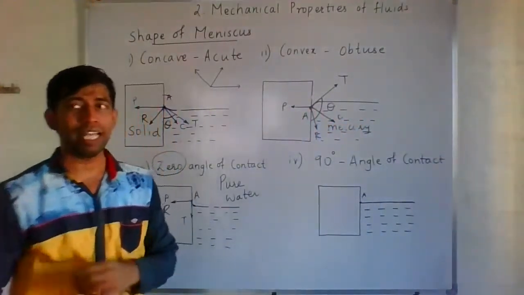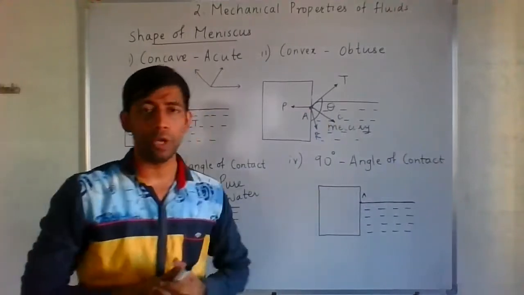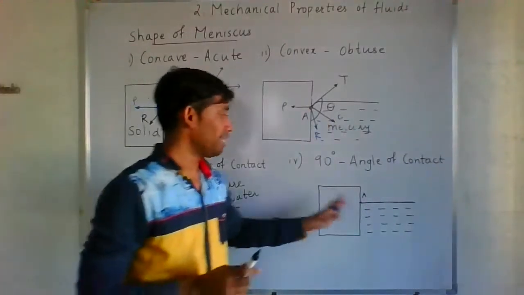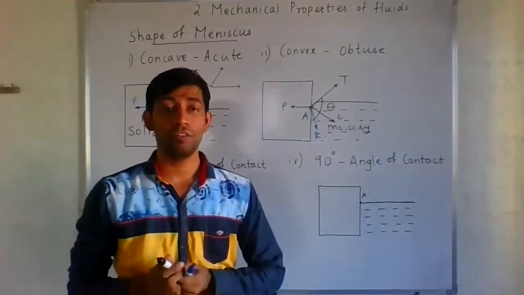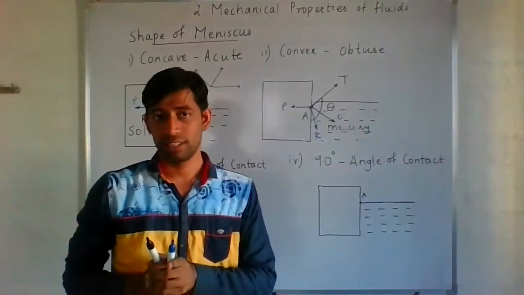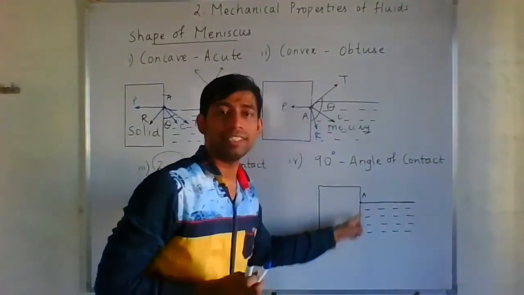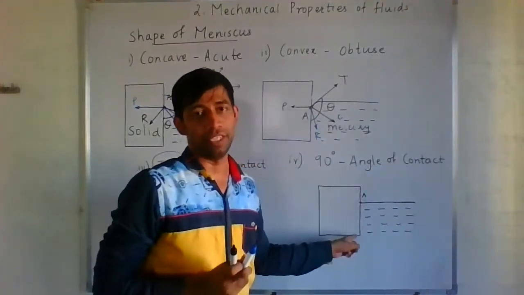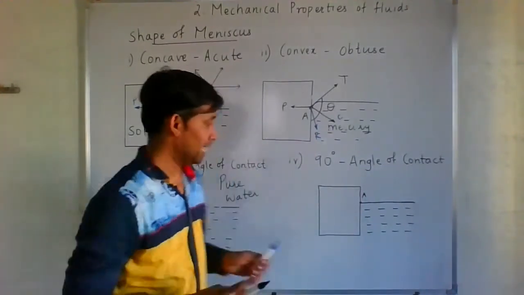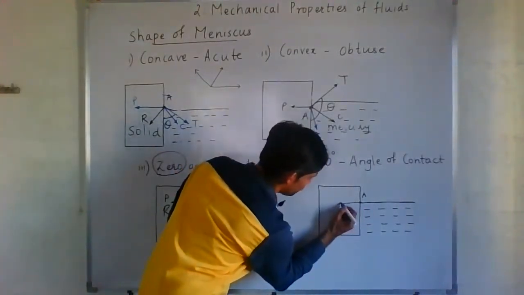Okay, let's move on to the last part, 90-degree angle of contact. This is a hypothetical case which we are going to study. To have 90-degree as an angle of contact, you can understand that we need AR, resultant of AP and AC, to be along this surface of the solid. I'll show it on the diagram. Let us consider we have AP over here.